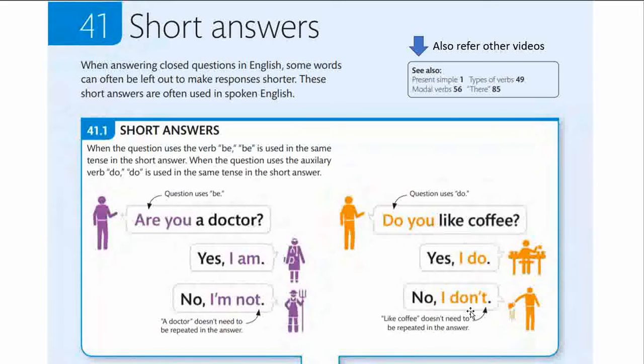Now, the full form, like coffee, doesn't need to be repeated in the answer. Yes, I do like coffee is not required for short answers. No, I don't like coffee. Again, like coffee can be dropped. I hope the short replies are understood.